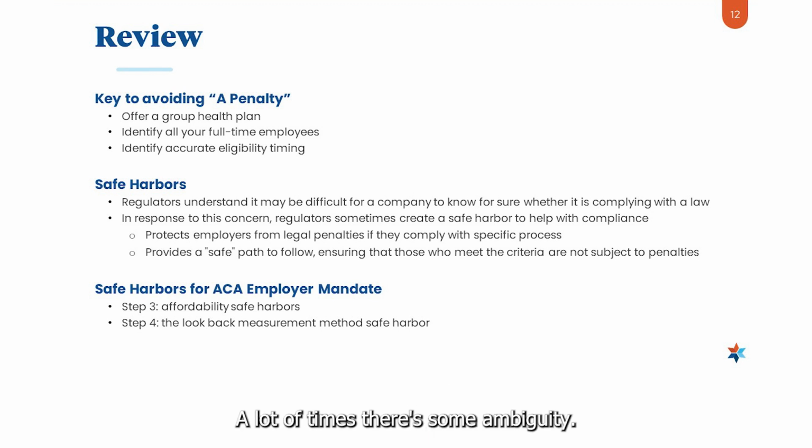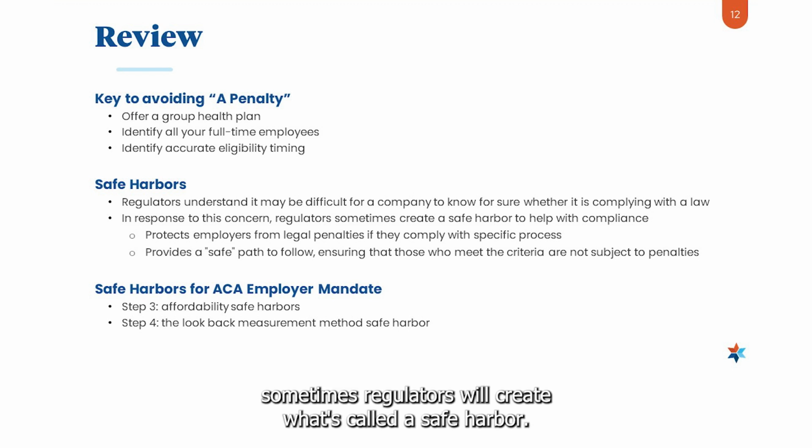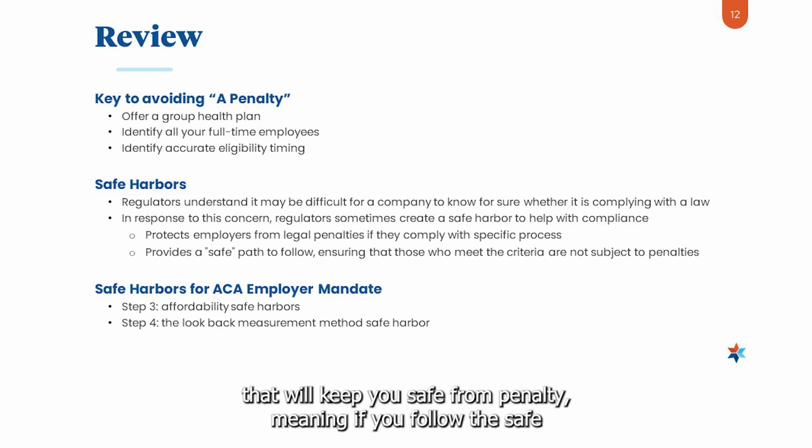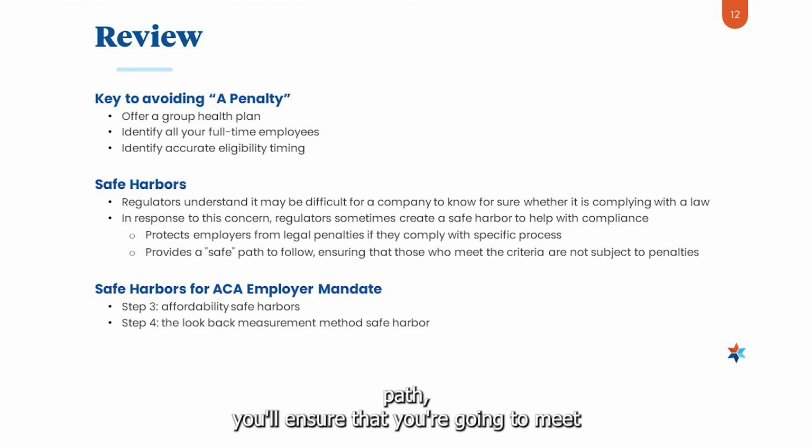A lot of times there's some ambiguity. It's not clear. So in response to that, sometimes regulators will create what's called a safe harbor. A safe harbor is a method that if you follow, that will keep you safe from penalty, meaning if you follow this safe path, you'll ensure that you're going to meet the criteria that are set out in the rule.